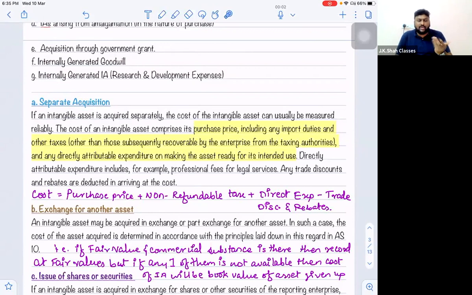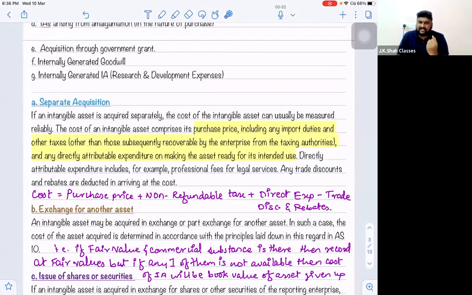Right? And the same logic can be applicable if you are purchasing the copyright from some other person. Basically, it is the publisher of the book. The publisher will buy the copyright from the particular writer. Now, Chetan Bhagat writes a novel, sells it to the publisher. So the publisher will pay him a hefty amount for his copyright.